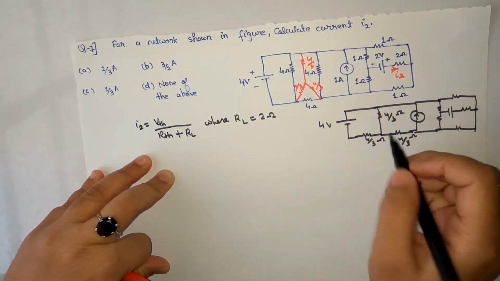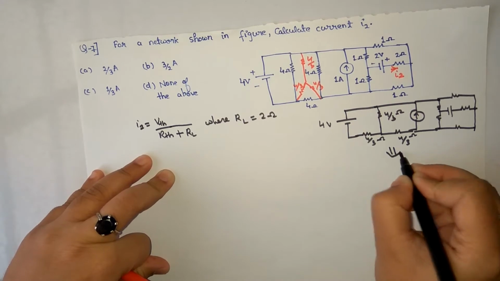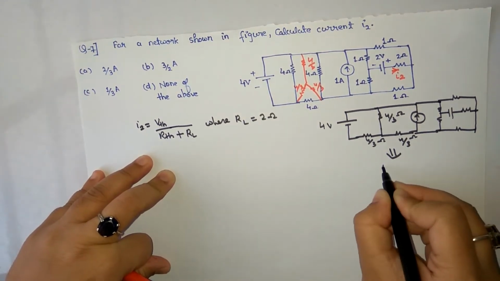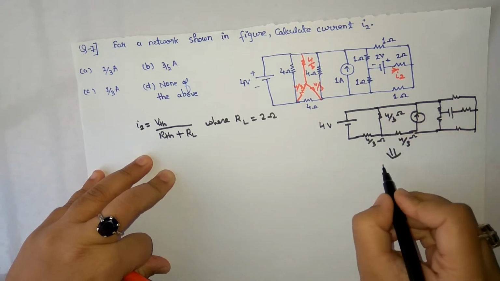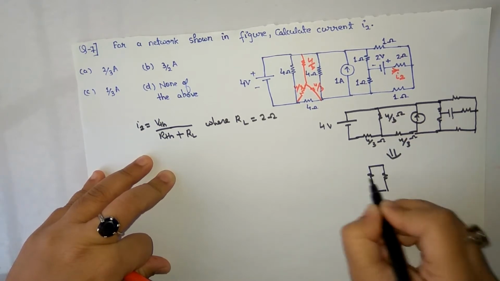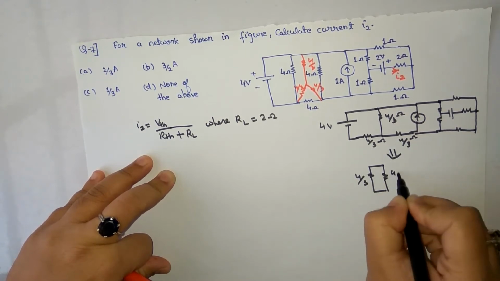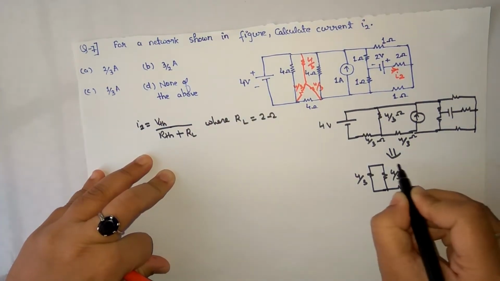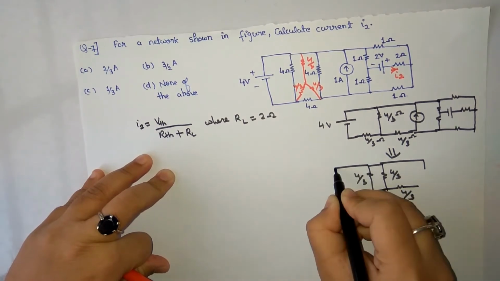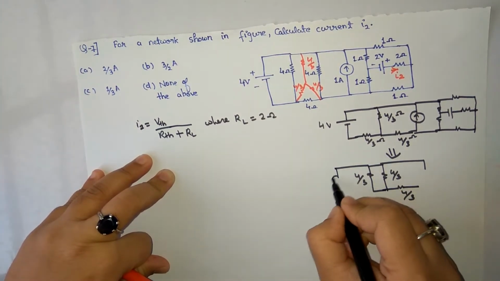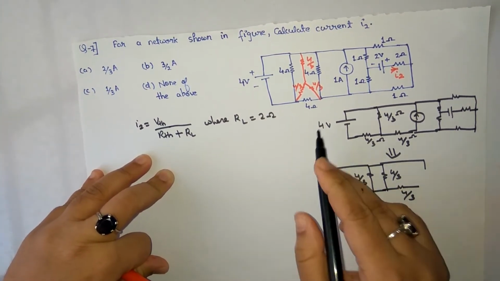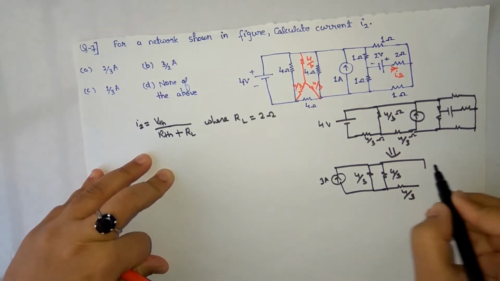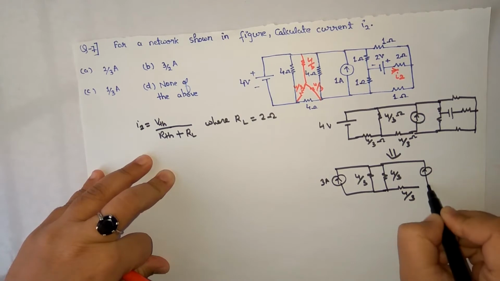So this resistance will come in parallel with this resistance, 4 by 3 parallel with 4 by 3, and here will be a current source of value 4 divided by 4 by 3, that will be 3 ampere.